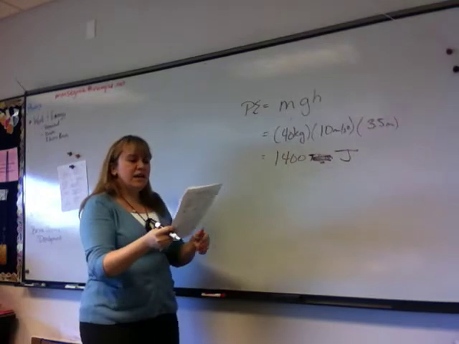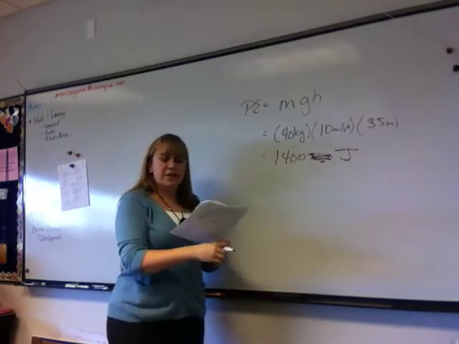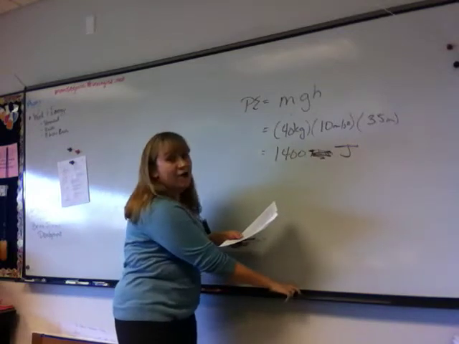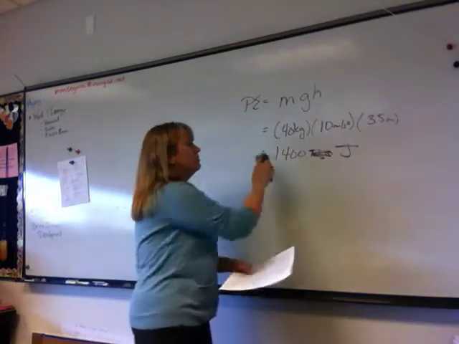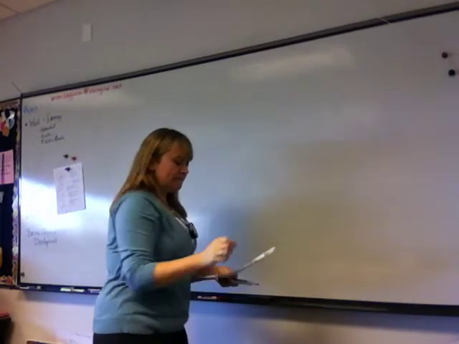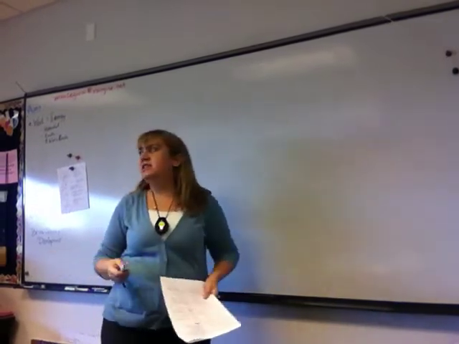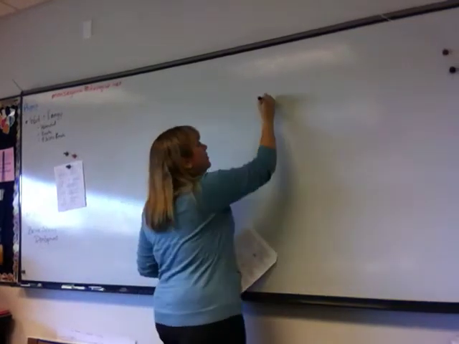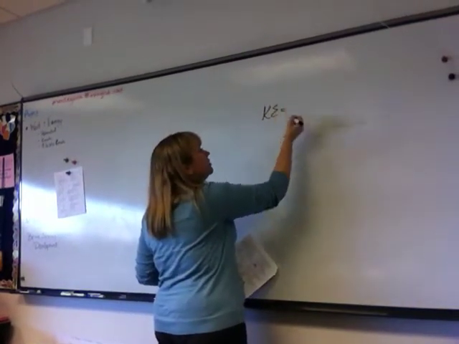Okay, number 3. If a car has 30,400 joules of kinetic energy, how fast is it moving? What kind of energy does it have if it's moving? Kinetic energy. What's the formula for kinetic energy?